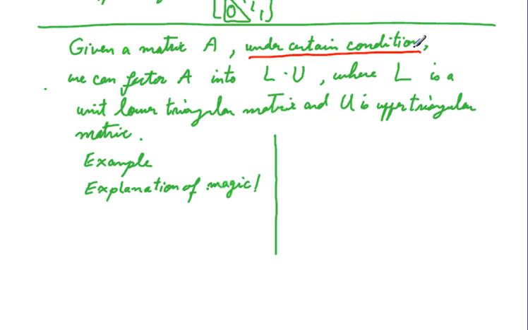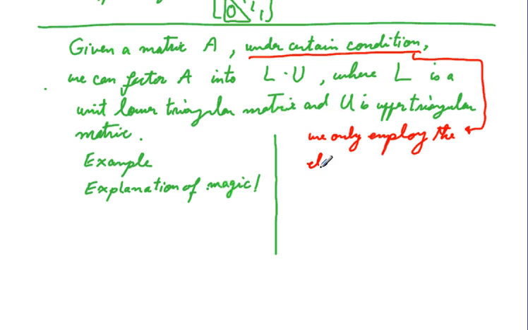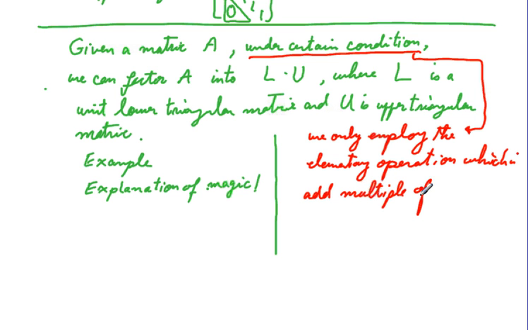So in order to keep things simple, the condition we are focusing on here is that we only employ the elementary operation, which is: add a multiple of a row to another row.